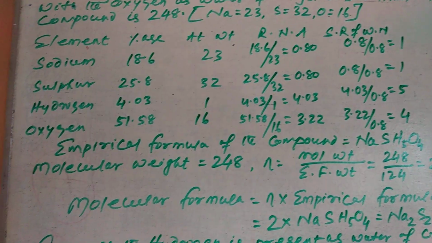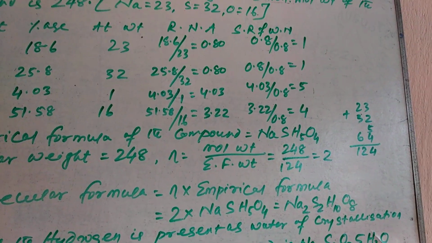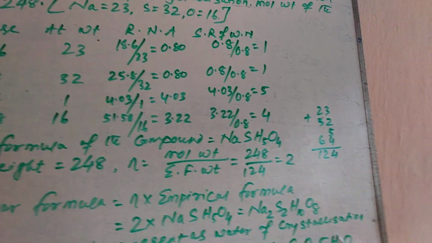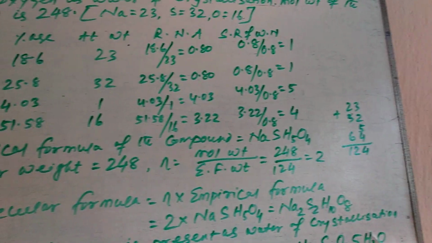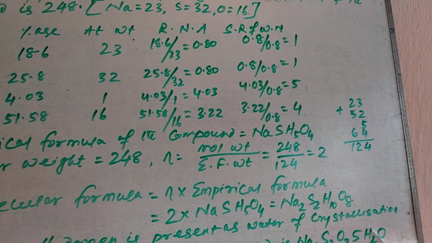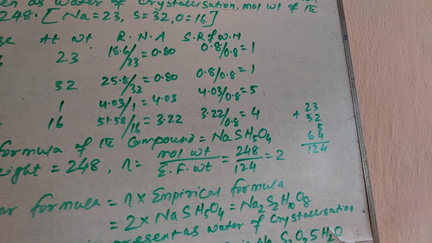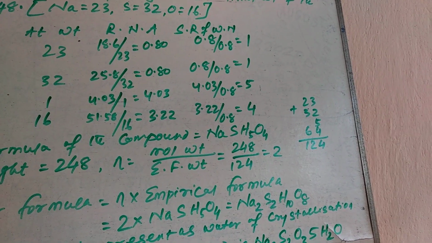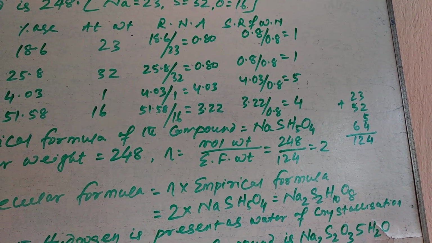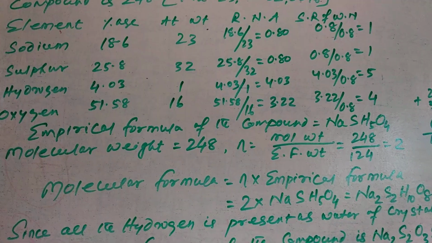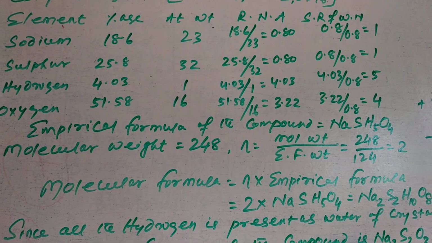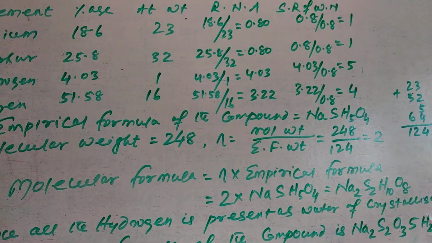Now the empirical formula of the compound is NaSH5O4 and the empirical formula weight is 23 plus 32 plus 5 plus 64. It is 124. Now the molecular weight of the compound is given in the question 248.